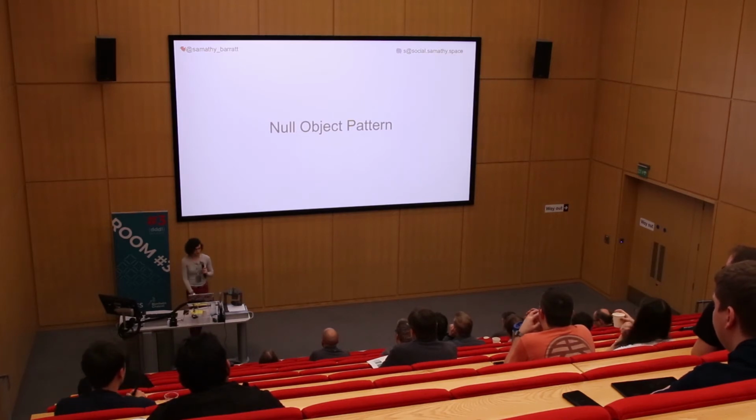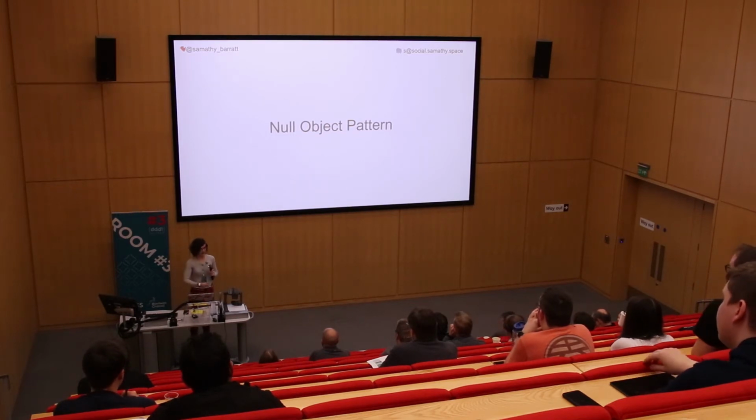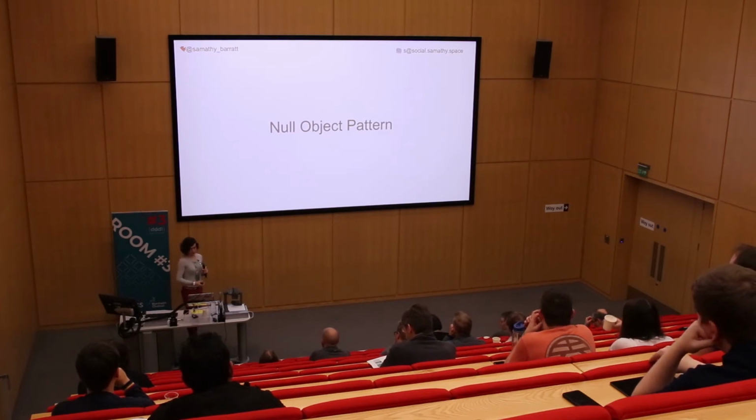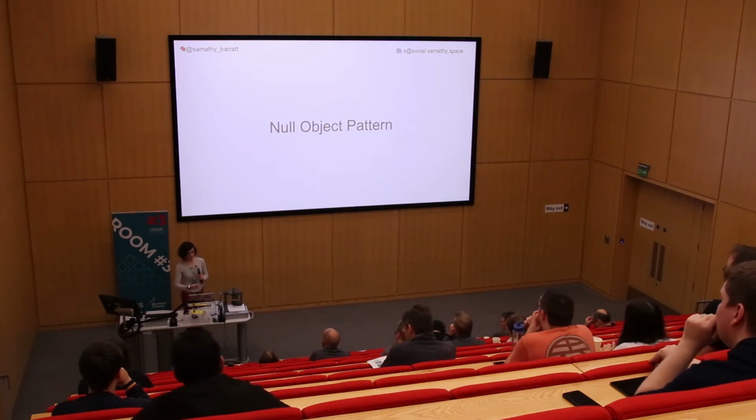So the null object pattern is an object which has no value or neutral behavior. And what that means is the null object pattern is where you use an object which represents null when a reference to an object would be nothing.